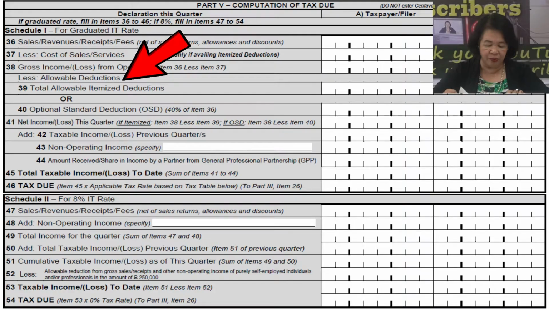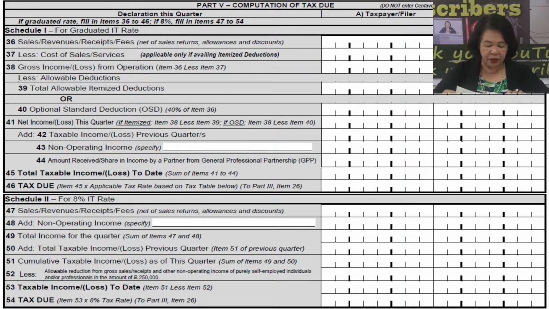So, may total allowable itemized deductions. Ano po itong mga itemized deductions? Yun yung meron tayong mga, inisa-isa natin yung ating mga expenses. Ang pinaka-importante lang dyan, pagka nag-itemized deductions tayo, dapat supported po yan ng resibo, no? Wag tayong mag-claim ng mga deductions na wala namang resibo. Kasi madi-disallow lang din po siya pagdating ng tax audit.